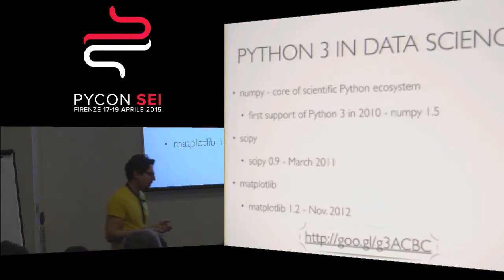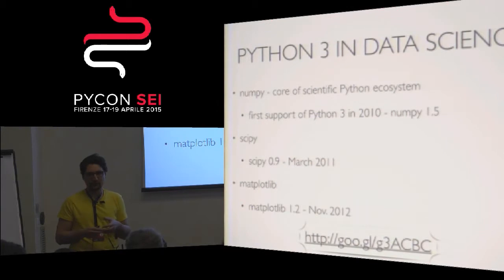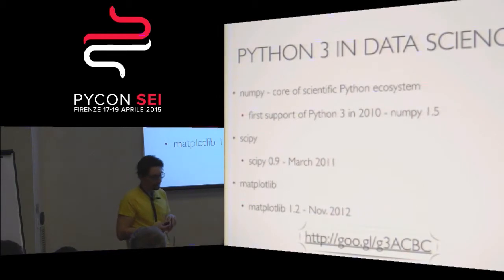So the introduction of Python 3 is a bit controversial, and the problem here is that most of the code is written in Python 2. Great code bases of data science code are written in Python 2, and maybe there's no need to switch to Python 3.